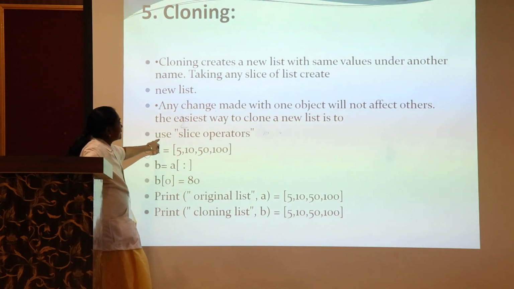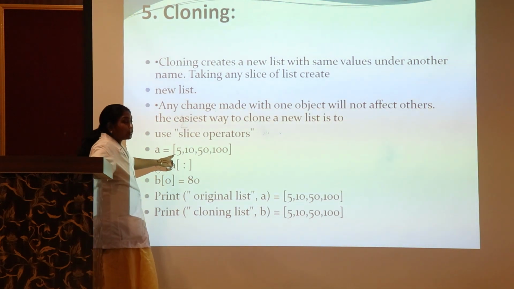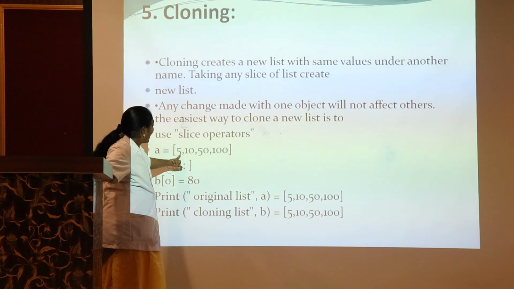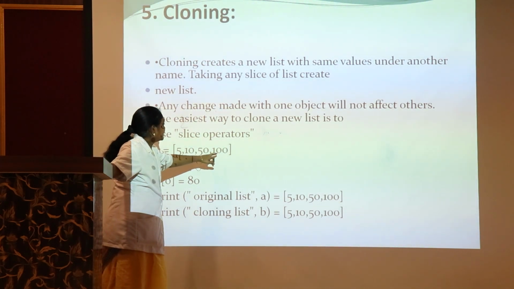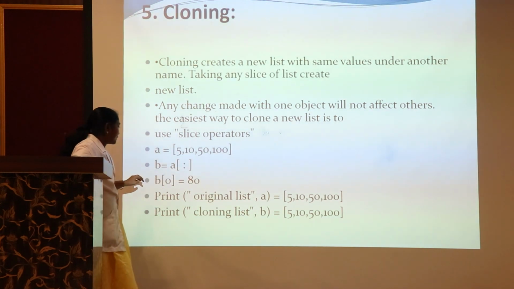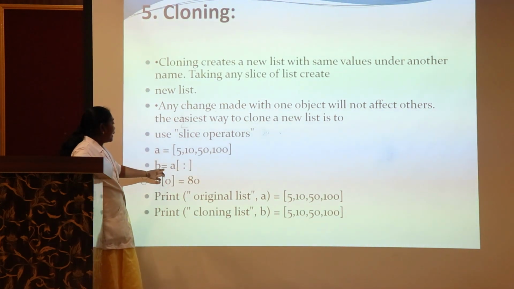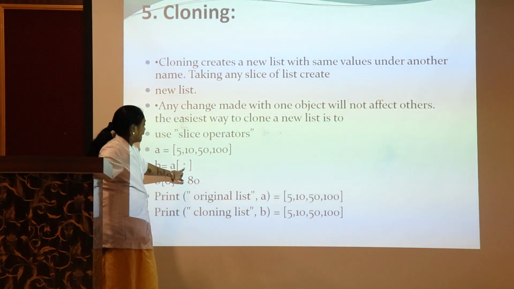Here are the slicing operators. A equal to open brackets with the values 5, 10, 50, 100, closing brackets. Next is the list B equal to A, with the slice brackets. This is slicing.